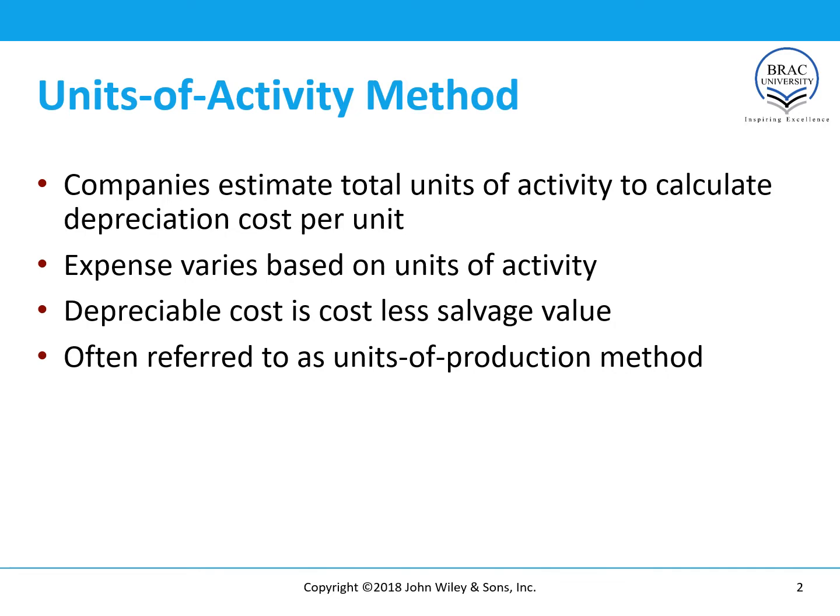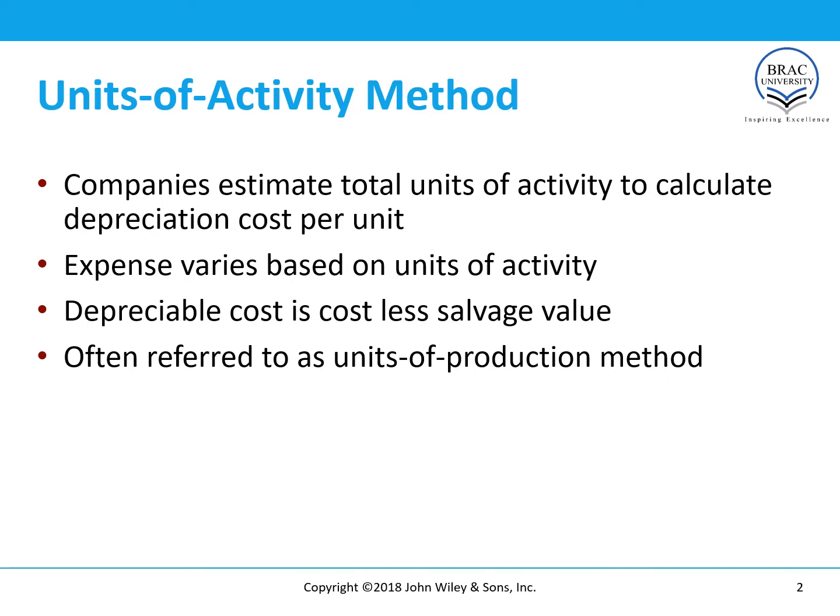So under this method, we actually do the same thing. The first step is to determine the depreciable cost of the plant asset. And how do we do that? We deduct the salvage value of the plant asset from the cost of the plant asset in order to get the depreciable cost of the plant asset. And with the depreciable cost, we divide by the total units of activity that is expected from the plant asset in order to get the depreciation cost per unit.